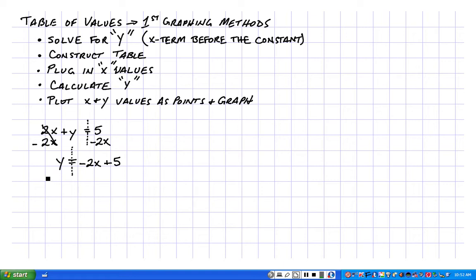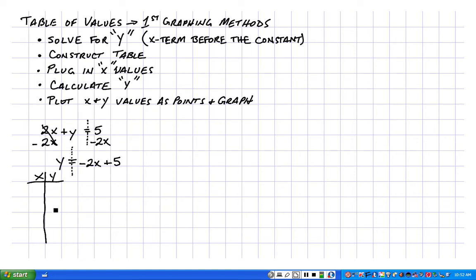So now I can construct my table. Now this is critical that you make note of this. When you're constructing a table and you're not given points, like the first table we did when we started this lesson, where 2 x values were given to you and a y value was given to you, and you were just asked to find the missing values.